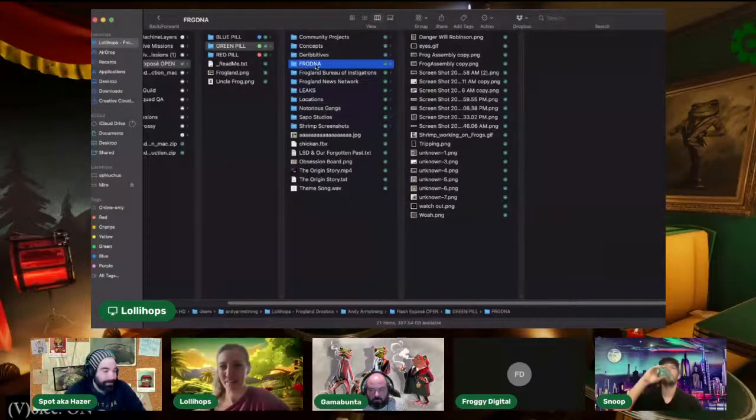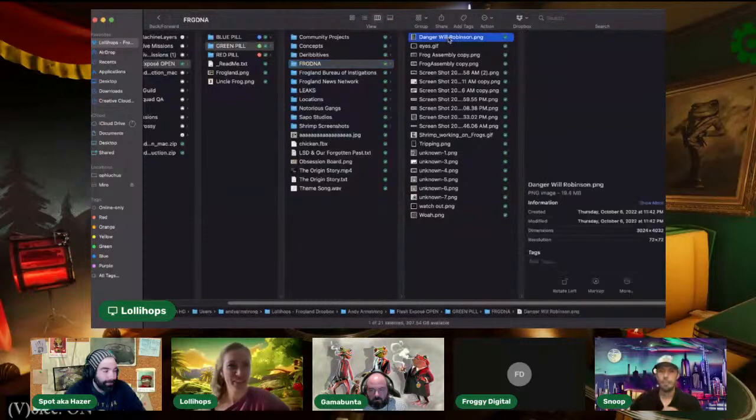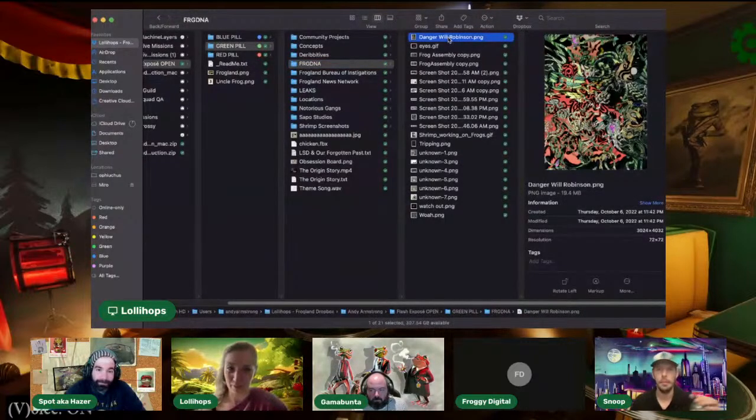So then we also have a frog DNA file. For those of you who might not have been blessed to see it quite yet, Didi or Frogzilla makes some of the most incredible abstract artwork.